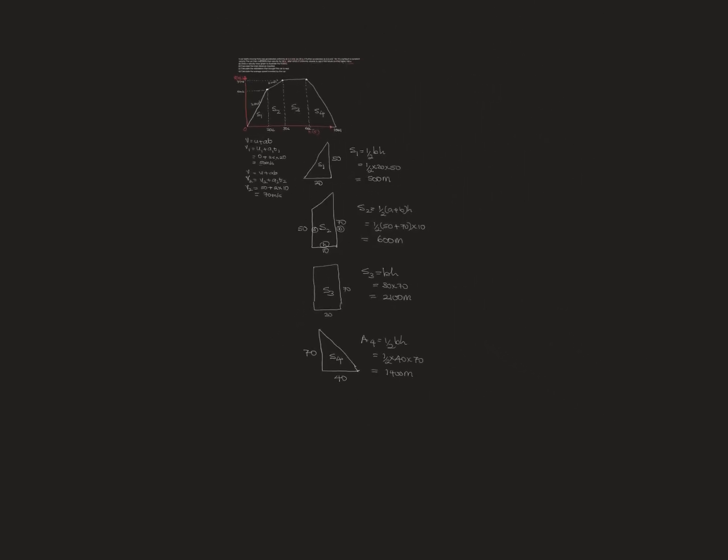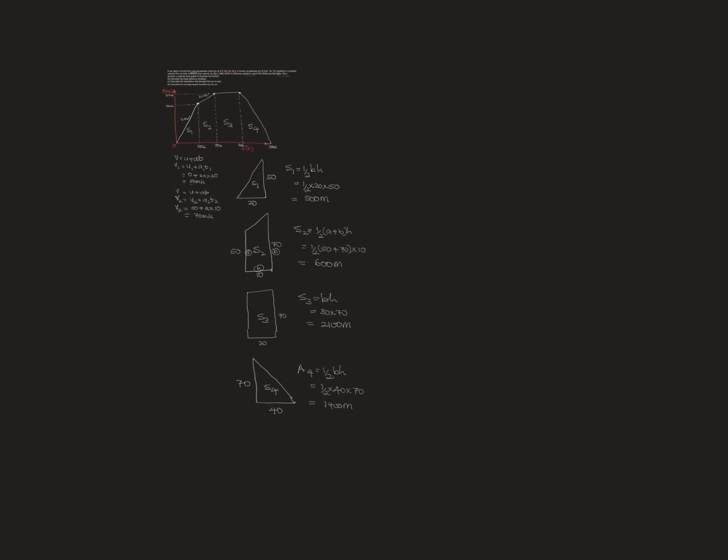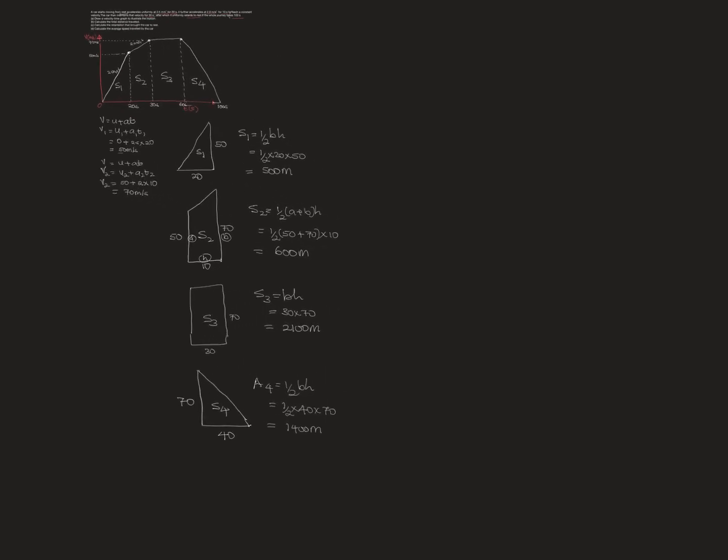So question B asks us to find the total distance. We're going to move on to calculating the total distance. The total distance S total is equal to S1 plus S2 plus S3 plus S4.